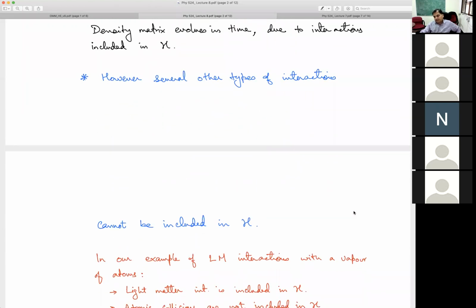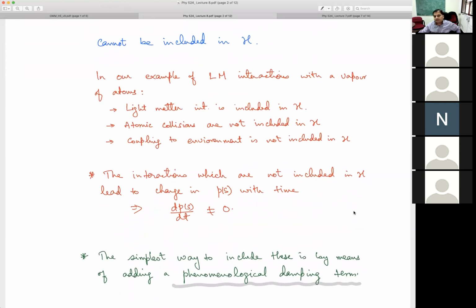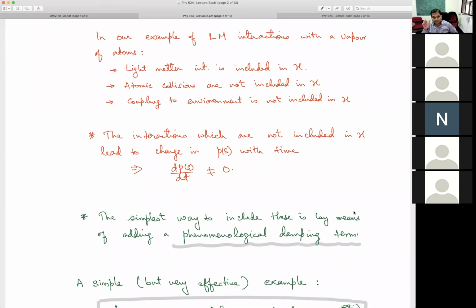But as I already mentioned, there are several other types of interactions which cannot be included in H. For example, if we consider light-matter interaction happening in a vapor of atoms, then light-matter interaction is included in the Hamiltonian, but atomic collisions are not.